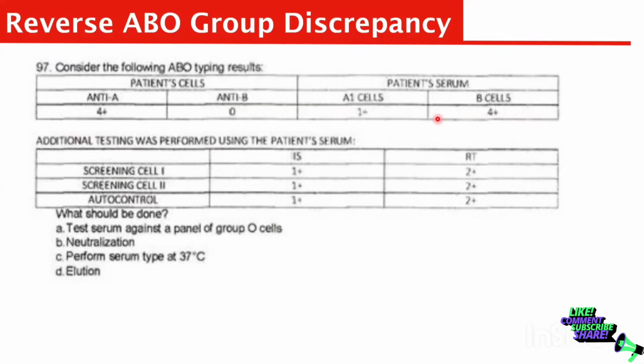So I've been thinking, is there any possibility that this person, who is blood group A, has been given maybe blood group O platelets, or blood group O FFP, or blood group O cryoprecipitate, and because of the introduction of that plasma, perhaps antibody A has been introduced in the patient. And if that is the case, that is a huge ABO incompatibility, okay? Because someone who is blood group A should not be given FFP or cryo or platelets that are blood group O, except if it is high titer negative, okay?